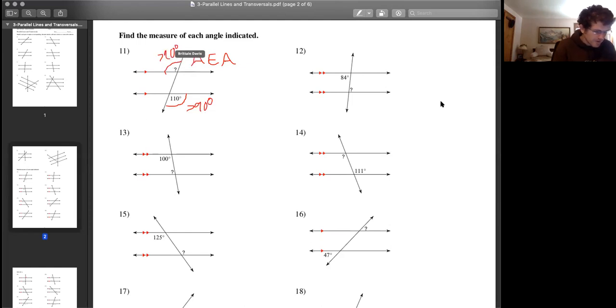So therefore, these are going to be congruent. So my question mark is just 110 degrees. And I'm setting them equal to each other. So technically what I could do is write the measure of angle question mark is equal to 110 because they're equal. That's all there is to it.